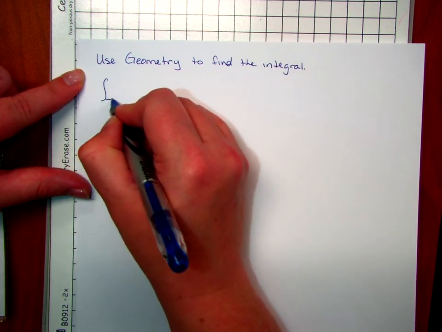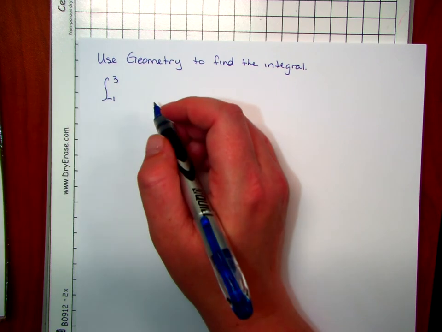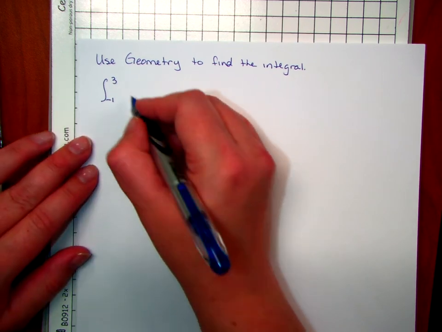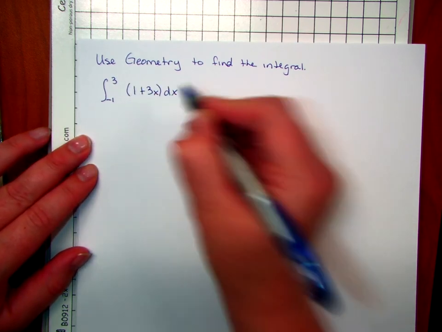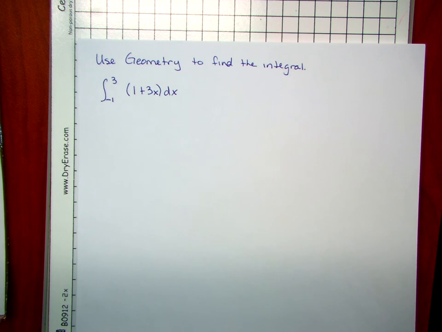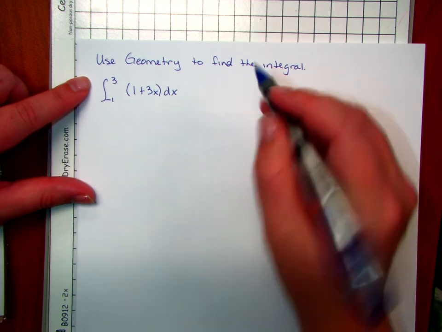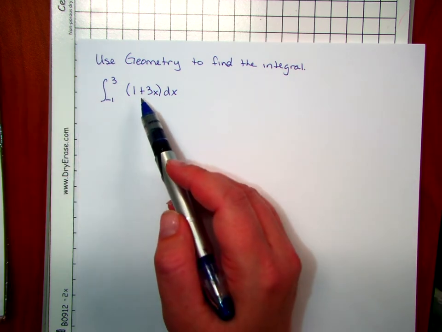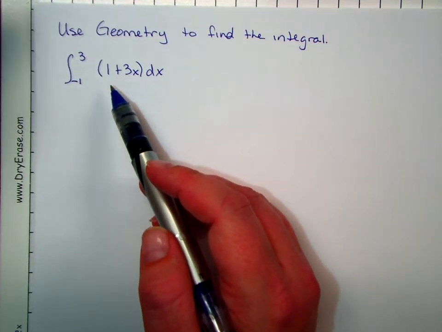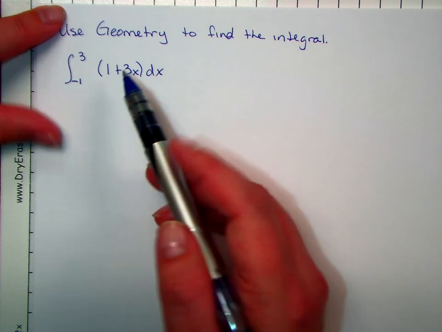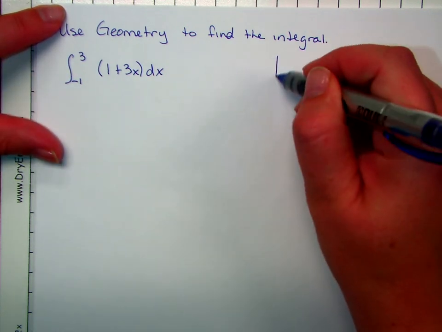So we're going from -1 to 3 of 1 plus 3x dx, right? So we can do this if we have linear functions. We can't do this if we have like curvy functions. And so what we're going to do is we're going to graph 1 plus 3x, and we're going to find the area between the graph and the x-axis, right?